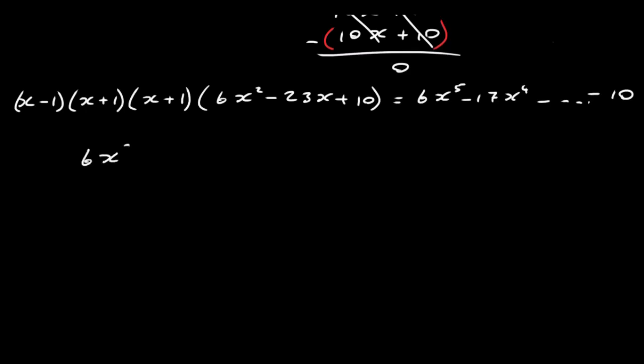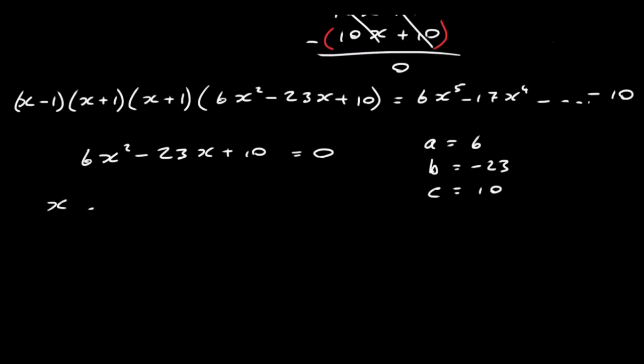We have 6x squared minus 23x plus 10, and we want that to be equal to 0. Now I know that if I try just factorizing it, it's not going to work. So really I'm going to have to use the minus b formula here. So I can see that a is equal to 6, b is equal to minus 23, and c is equal to 10.